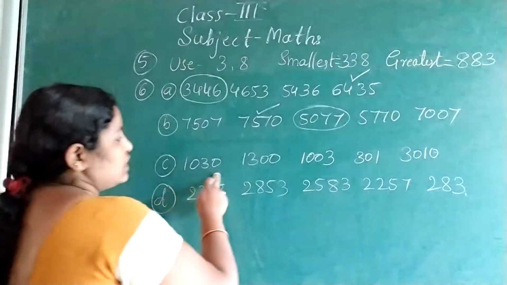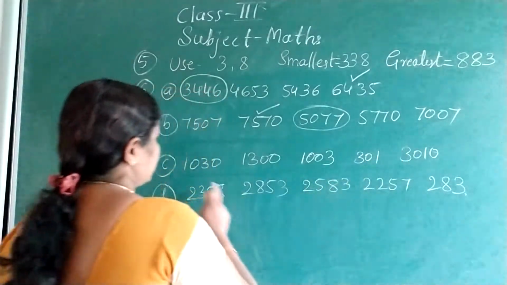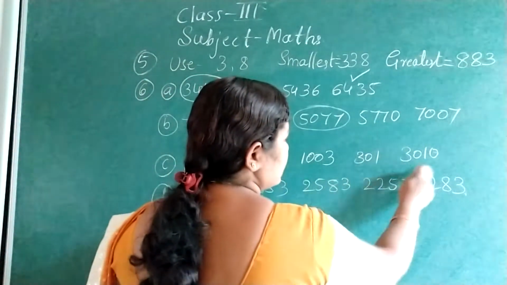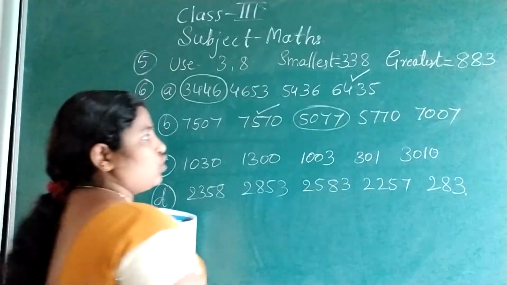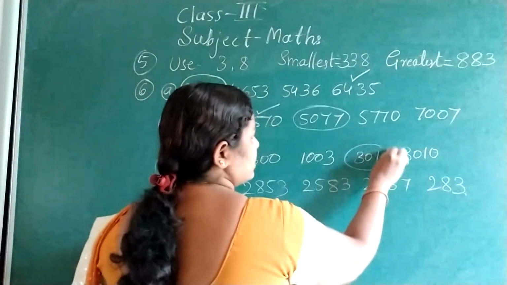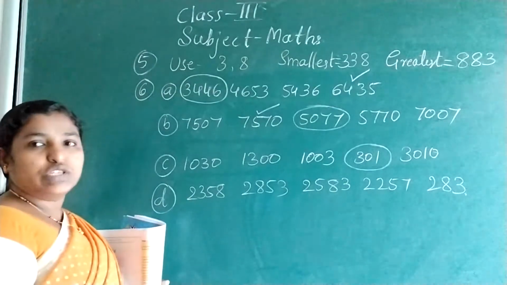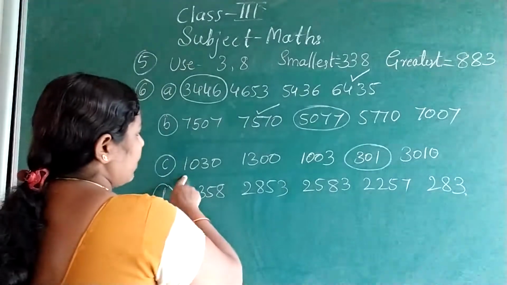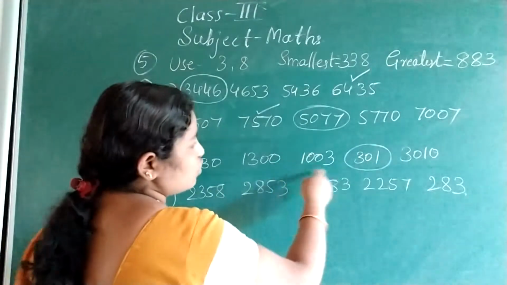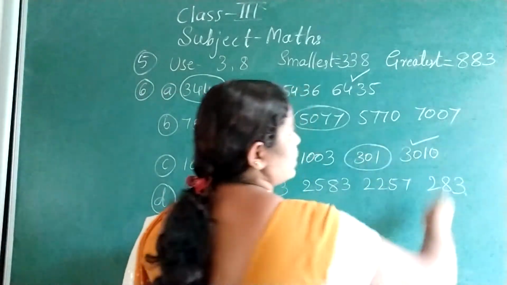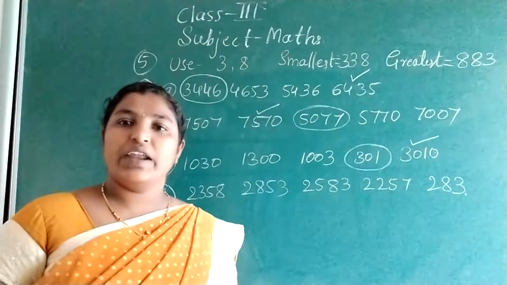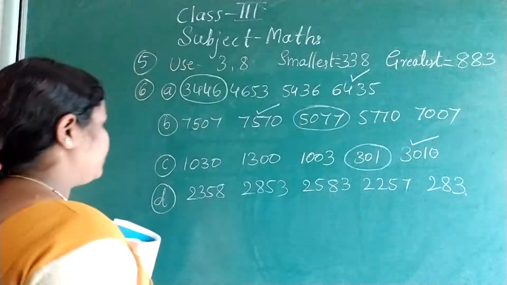See, just see the digits first. 4 digit, 4 digit, 4 digit, 3 digit and 4 digit. So the 3-digit is the smallest one, so circle it and search for the biggest one. 1000, 1000, 1000, 3000. So which is the biggest one? 3010 is the greatest number.